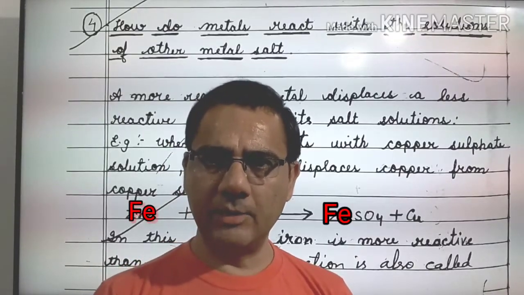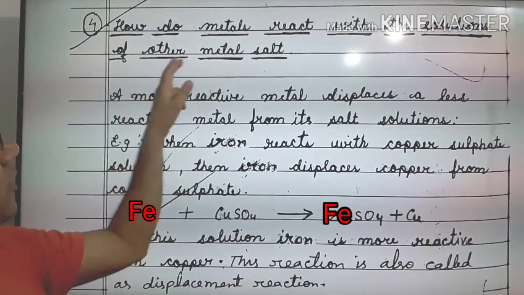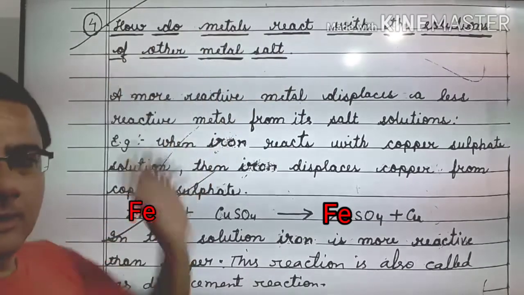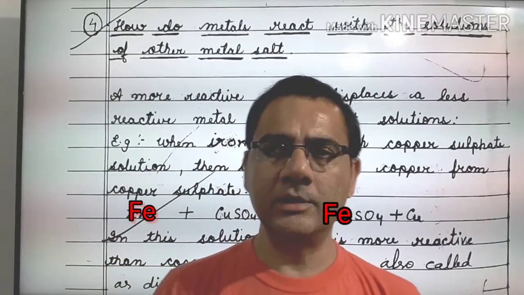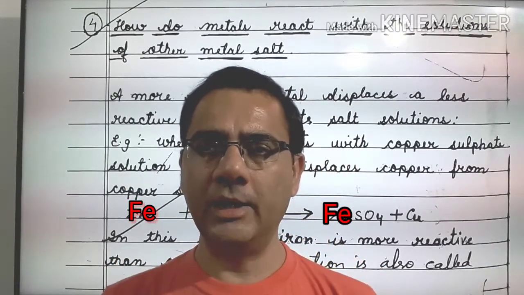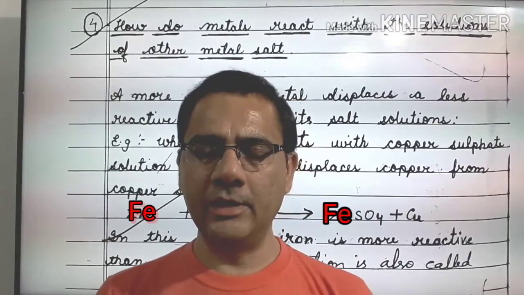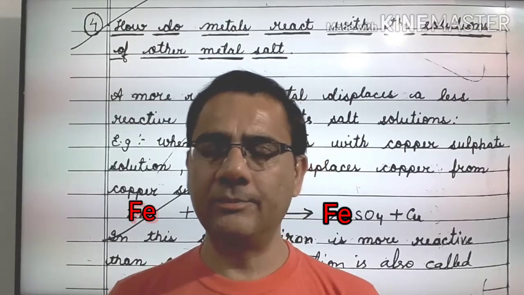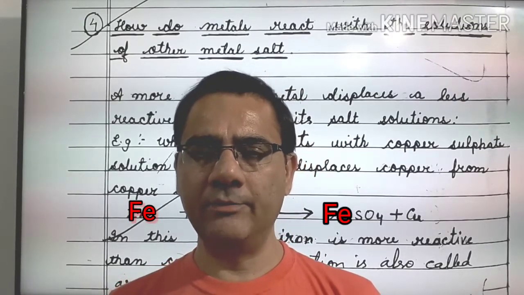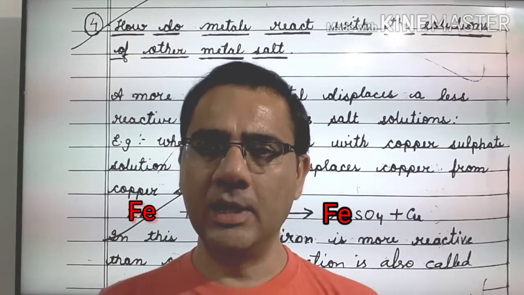Now our next chemical property is how metals react with the solution of another metal salt. This type of reaction you have already studied in chapter 1. In that I explained that when a metal reacts with the salt solution of another metal, a type of reaction takes place called displacement reaction.